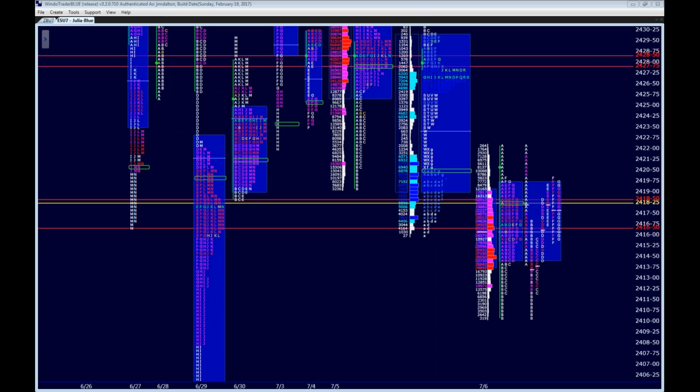Okay. Do you put any significance on poor highs and lows that aren't the actual high or low of the day? For example, today's 2420 level and then the 2419.75 touch, just one tick below. Is there anything to be gained from that information? I'm sorry, you have to repeat that.